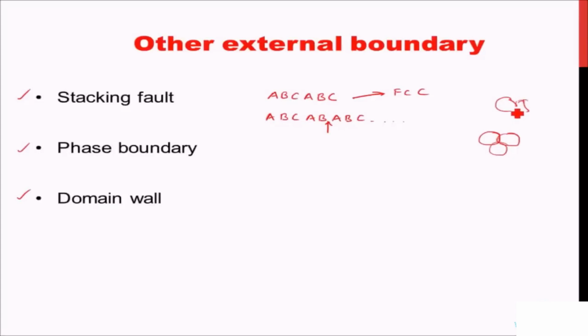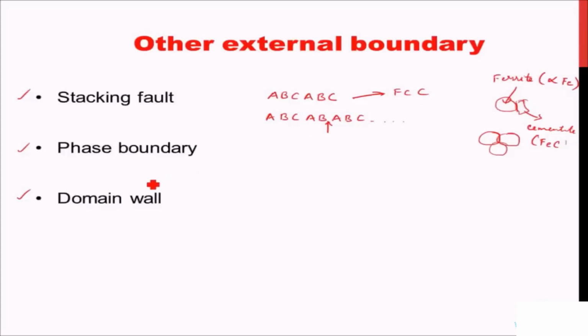But for the time being, let me say that ferrite is one phase, cementite is another phase. Ferrite is basically alpha iron and cementite is Fe3C. Okay, so if there are two different phases present, then the boundary separating them will be known as phase boundary.